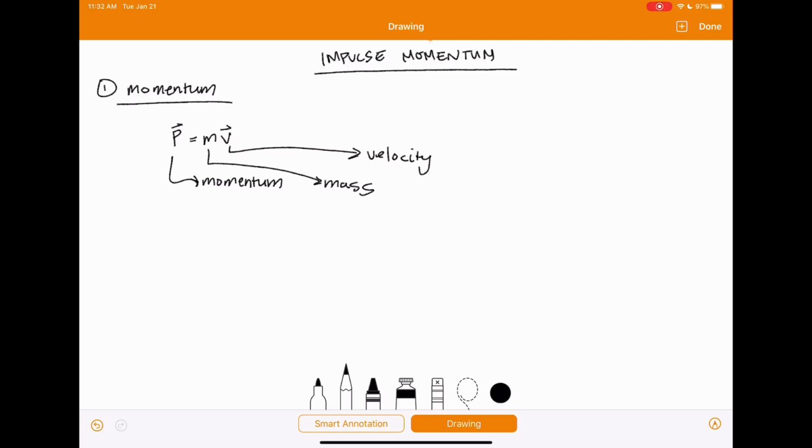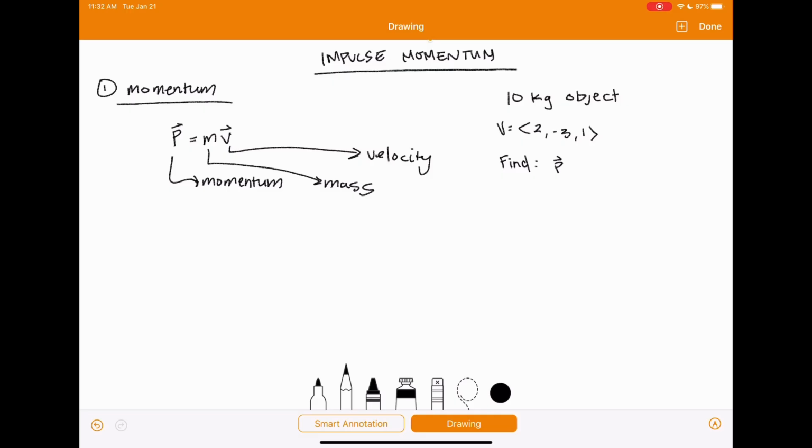All right, so if we had a 10 kilogram object and velocity equal 2, -3, 1, find its momentum vector.